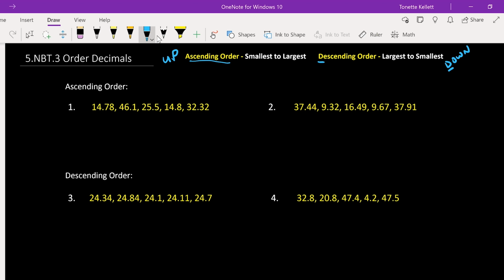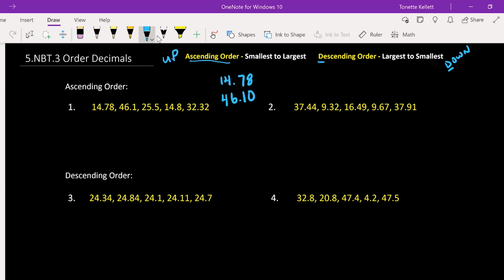So when you see that you're supposed to put something in ascending order, just remember you're going up from the smallest to largest. The first thing you have to do is line up your decimals. So we're going to take each of these numbers and we're going to stack them. 14.78, 46.1.